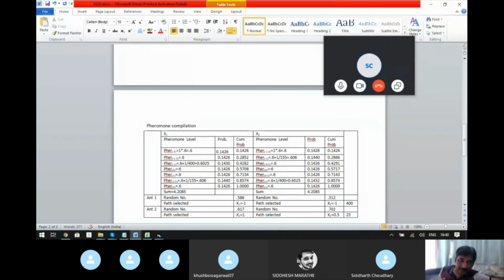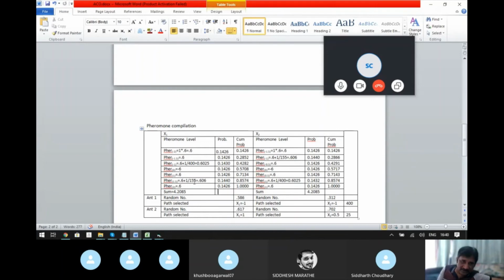If you recall that formula, there is a little difference between this problem and the traveling salesman problem which we have seen. That difference I will bring in front of you after I complete the explanation of this problem. Okay, so 0.6 divided by 4.2085 gives you the value 0.1426.